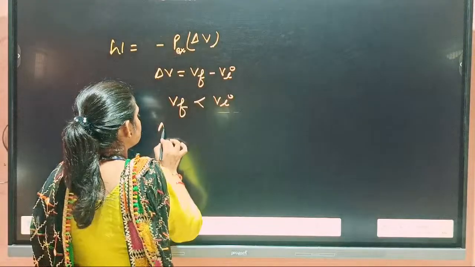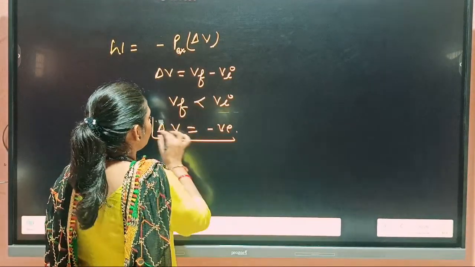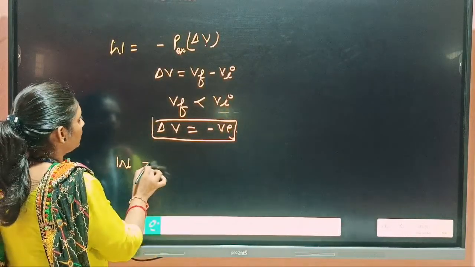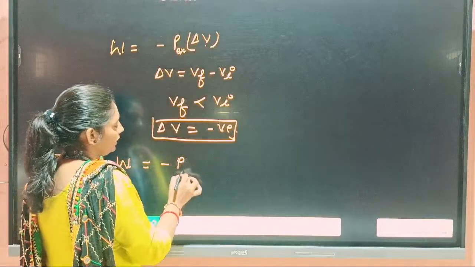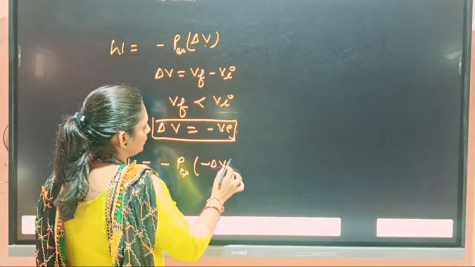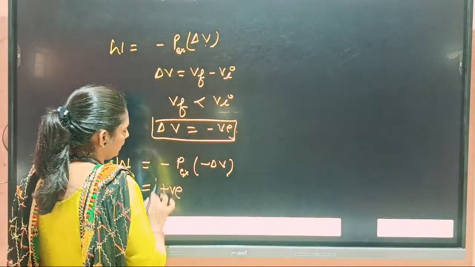So students, this del V will be negative. Put this in. So work done will be minus P external into minus del V, meaning overall work done will be positive.